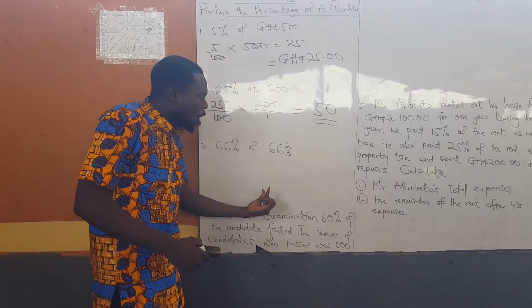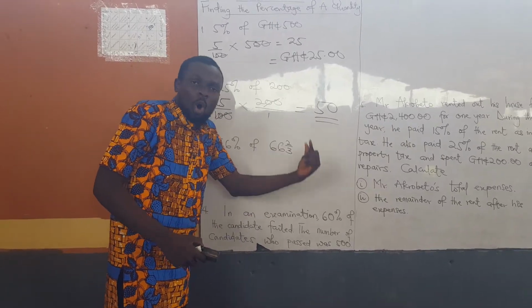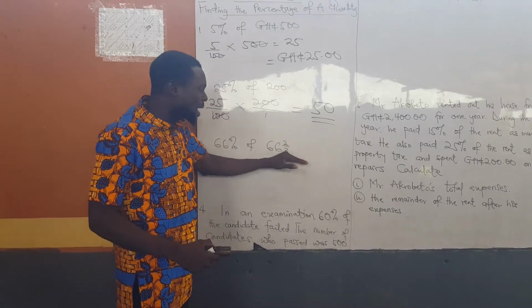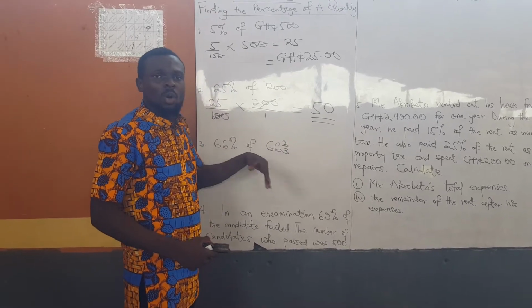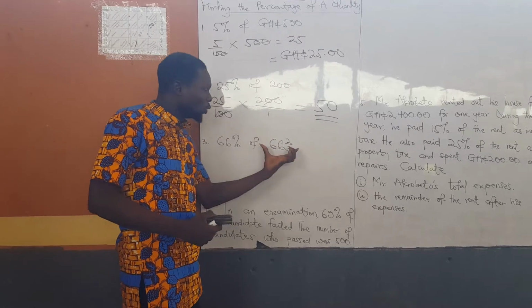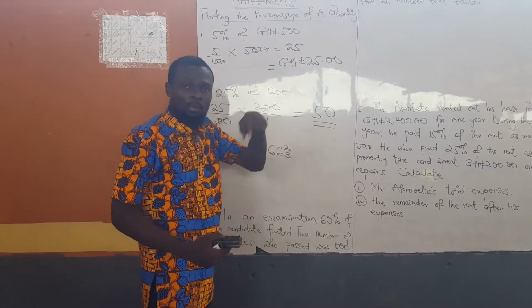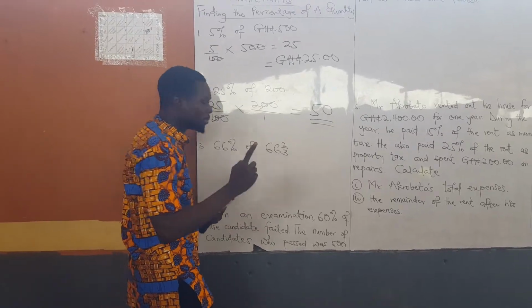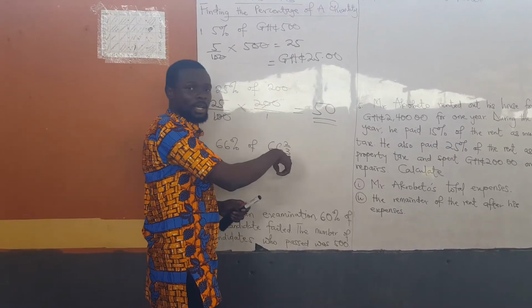66% of 66 whole number 2 over 3. Now to find the percentage of this quantity, what we are going to do is change this into an improper fraction. And changing this into improper fraction, multiply the 66 times 3.